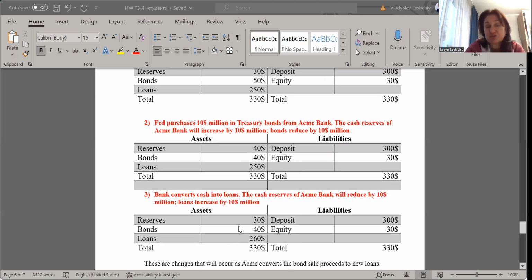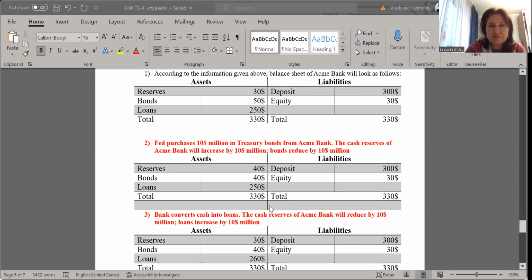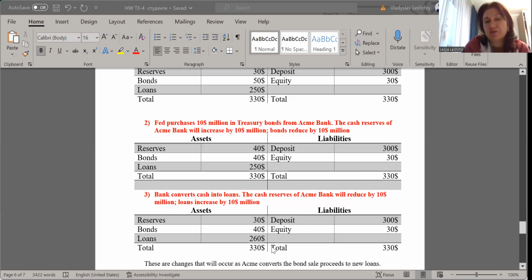And in transaction 3, we see increasing in loans, and decreasing in reserves. But the total result is the same.